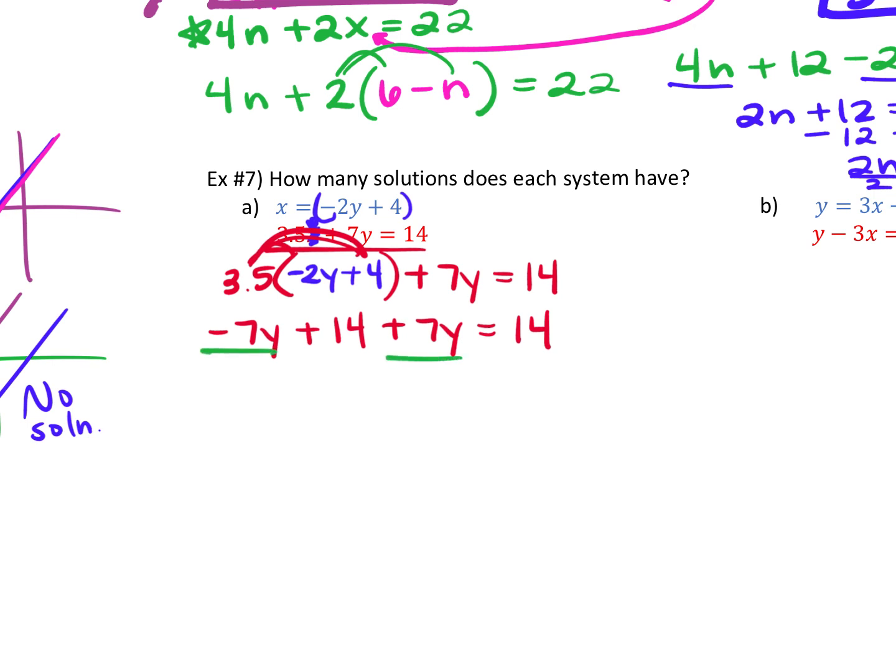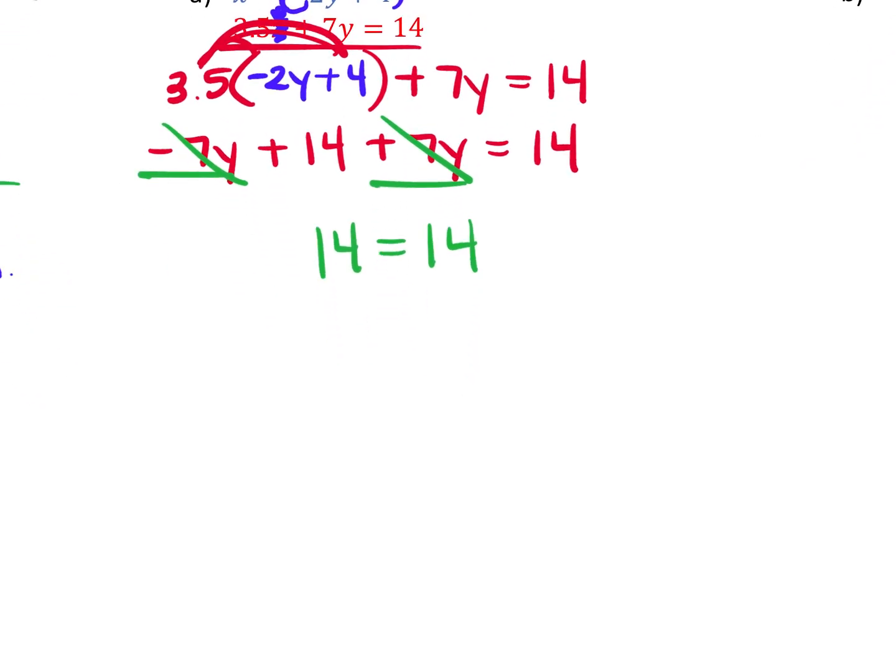Negative 7y plus 7y is 0. So what I'm left with is 14 equals 14. And I think you can probably tell me there. That is a true equation with no variable. When the variable goes away and you have a true equation, that is infinitely many solutions.